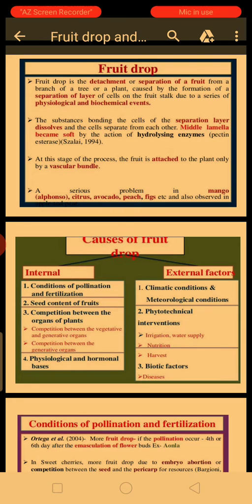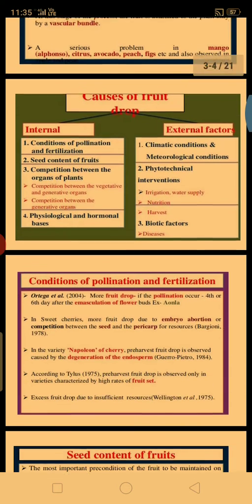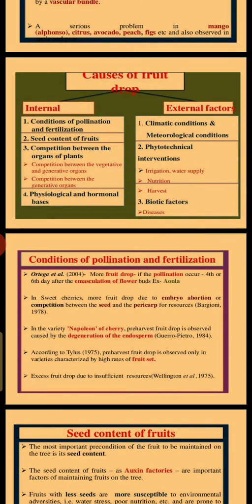What is the role of hormones in preventing or causing early fruit drop? There are two major hormones responsible for early fruit drop: auxin as well as abscisic acid. Premature abscission of fruit is determined by their relative concentration.